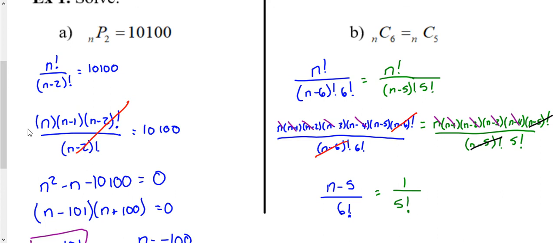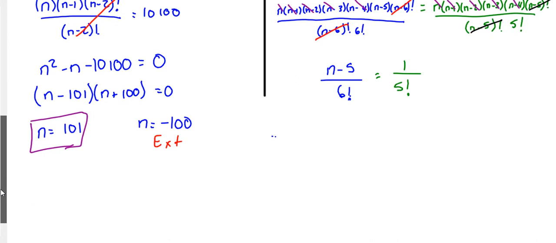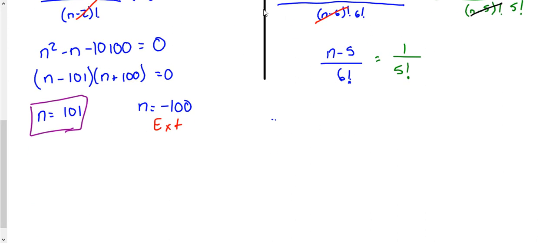From here, I believe we can solve for n. Solving for n here, you can multiply out your denominator. So you can get something like 5 factorial times n minus 5 divided by 6 factorial, which I'm not really just going to write as 6 factorial, but it's going to be 6 multiplied by 5 factorial.